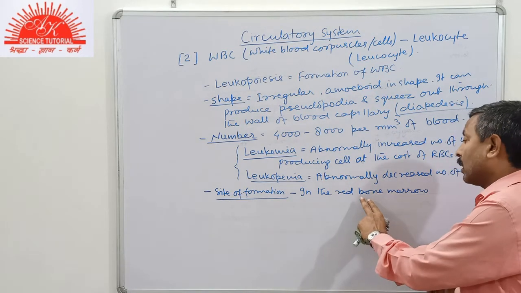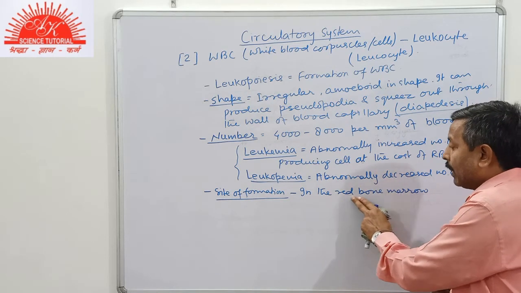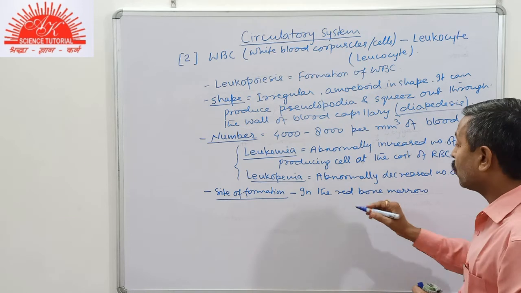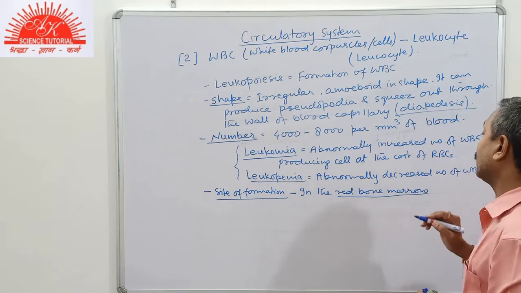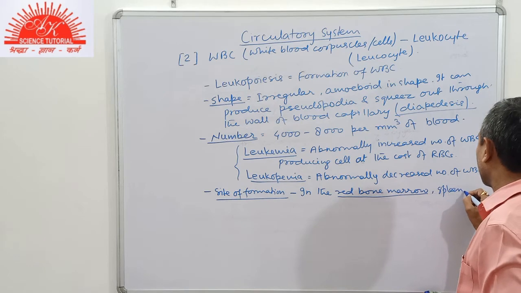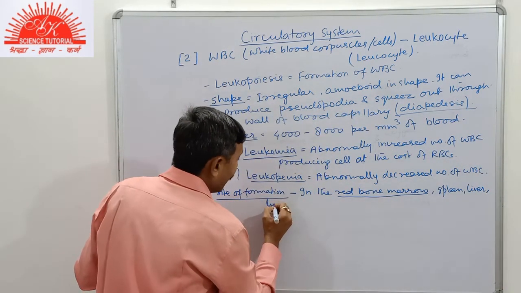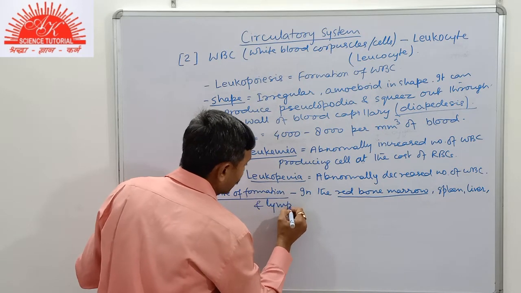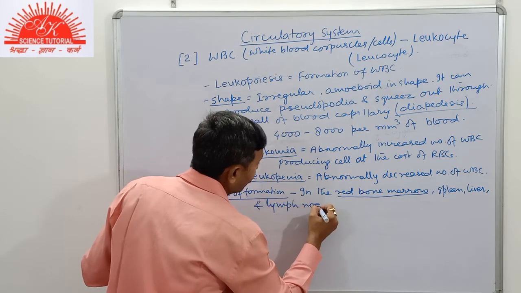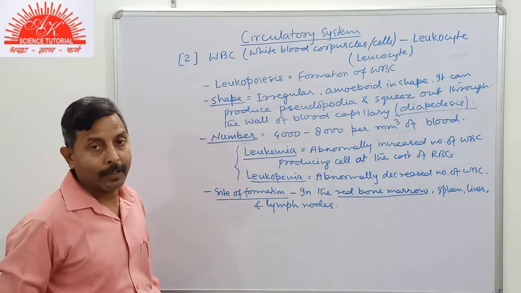WBC is produced by yellow bone marrow mainly, but in syllabus we have given red bone marrow. So we write red bone marrow here. Now in spleen, liver and lymph nodes. So it is the site of its formation.